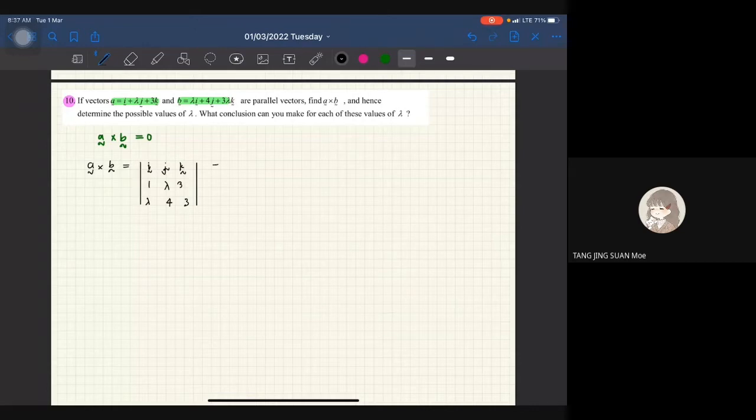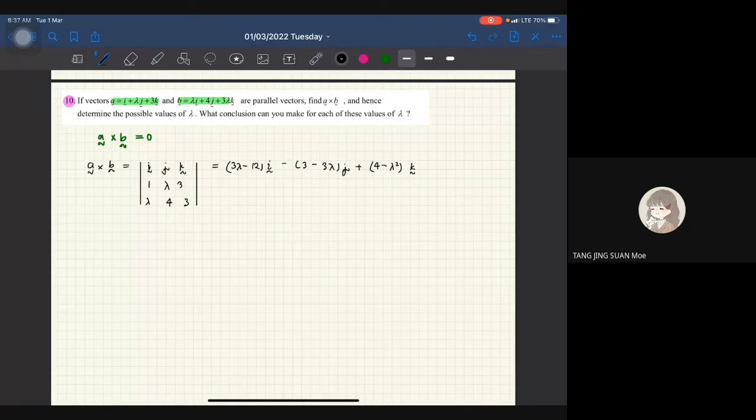Okay, so let's settle this one. So awak akan dapat the first one is it's 3 lambda minus 12 I and then minus, so the second one is 3 minus 3 lambda J and then plus last one is 4 minus lambda squared K. Okay, so boleh tak kita simplify kita punya jalan kerja ni?